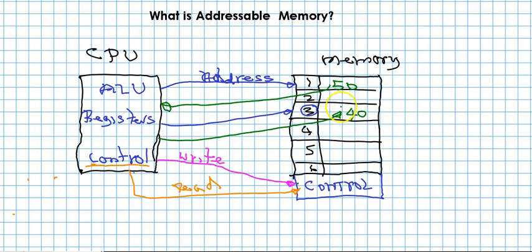All the time we are addressing the memory, and that's the whole point of this video, to talk about addressable memory. In order to do anything with the memory, we have to address it first, and the address will come from the CPU.